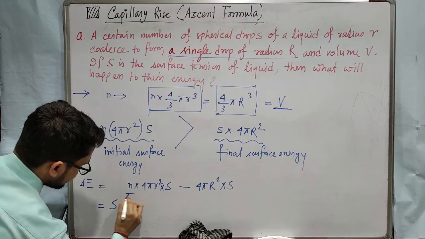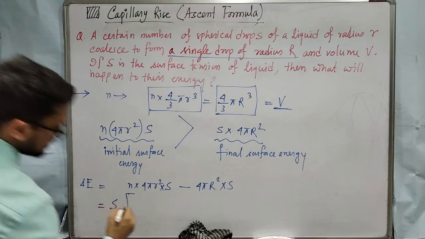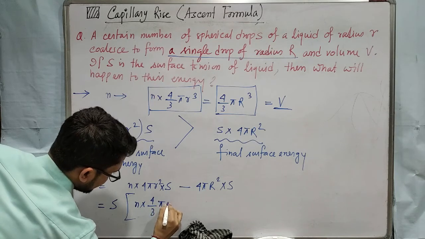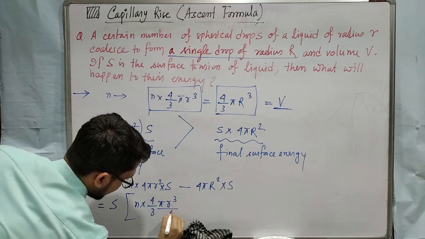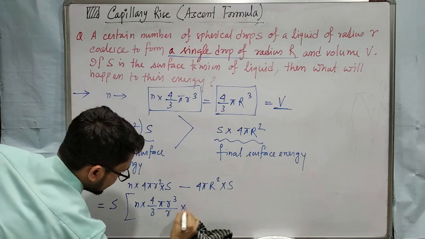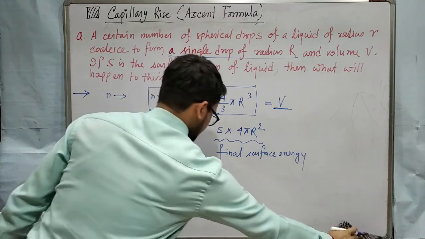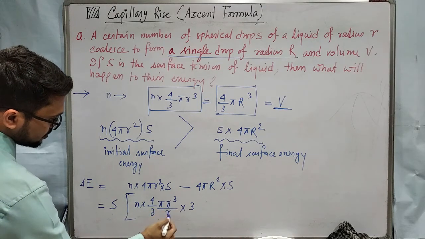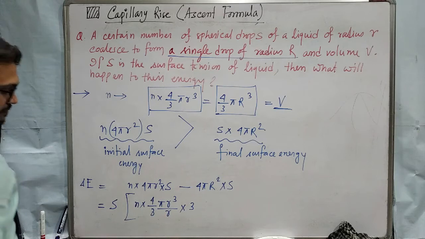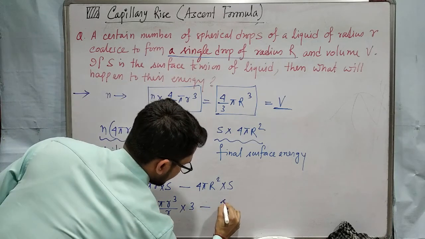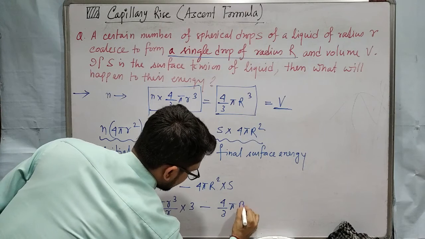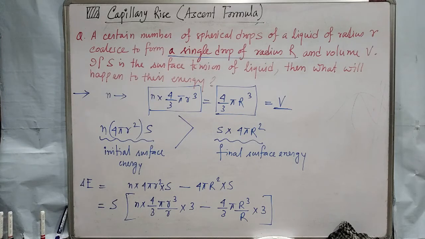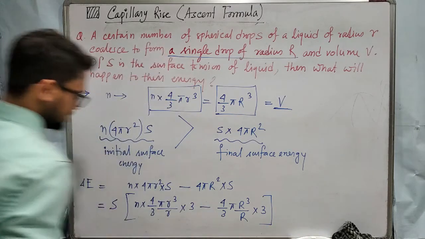Take S common first. So n into, we can write 4 by 3 pi r cube by r into 3. For this one n is fine, 4 pi r square, and here I have written 4 pi r cube by r by 3 into 3, minus, in the same way, 4 by 3 pi R cube by R into 3. So look here, they remain basically the same.